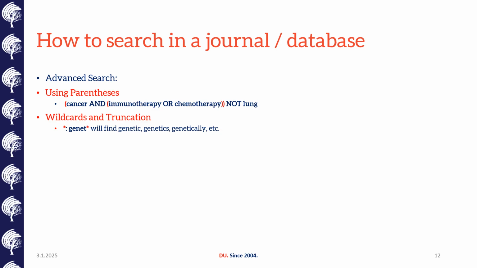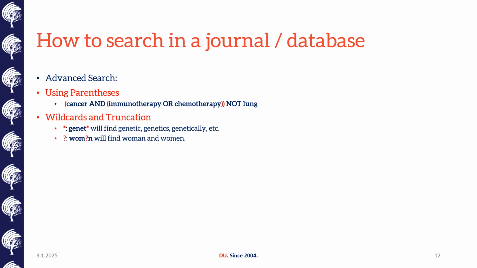Asterisk represents more than one character. For instance, this syntax will retrieve genetic, genetics, genetically, etc. The question mark represents a single character. For example, this syntax, WOM question mark N, will find woman and women.